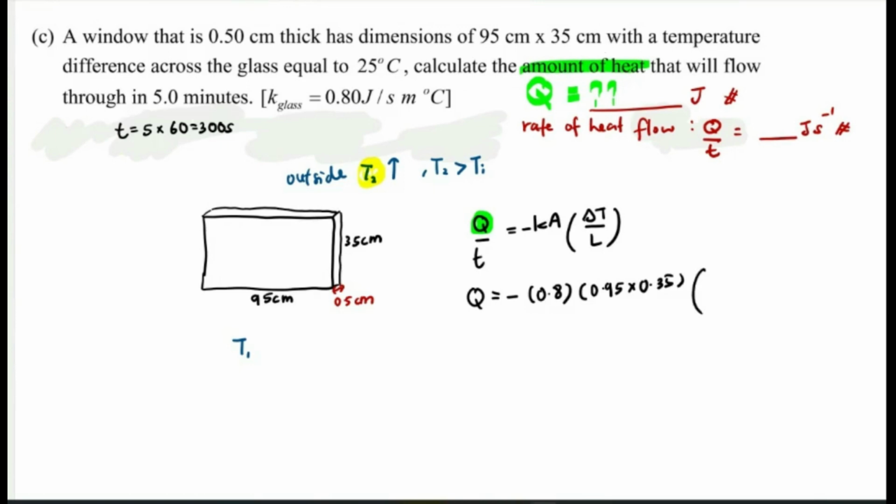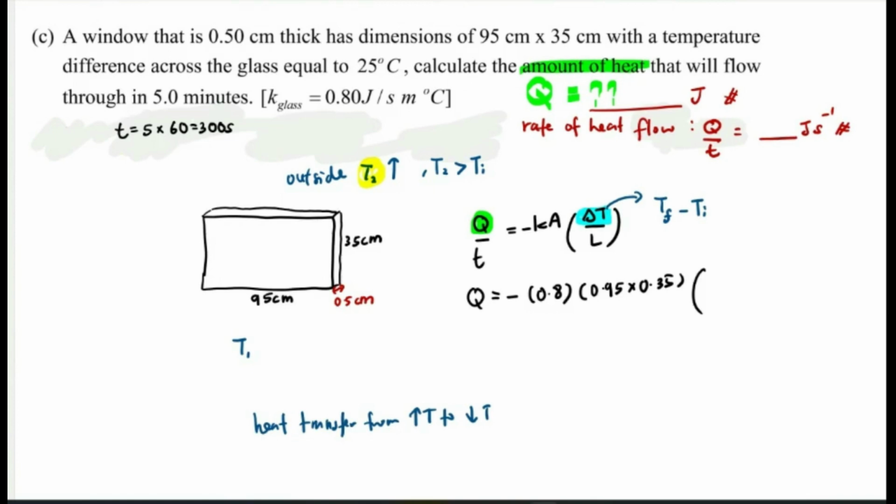Okay, sekarang tengok kat sini delta T dia positif ke negatif? Saya tanya awak. Delta T tu dia mesti T final minus T initial. Kalau heat transfer daripada higher temperature to lower ke lower temperature to higher? Higher to lower. Heat transfer, okay, from higher temperature to lower temperature.